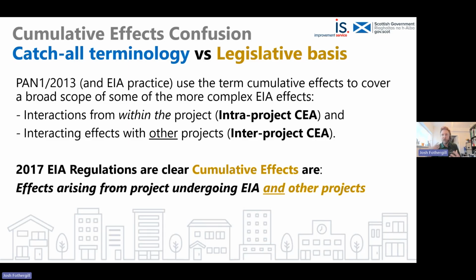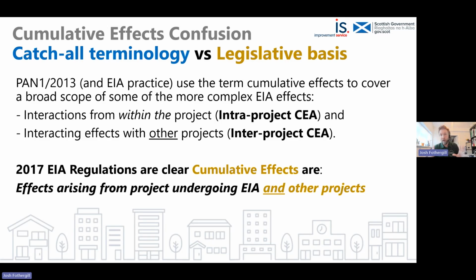So we have some kind of catch-all terminology that has come partly out of academia, partly out of practice, and certainly around the time that PAN 1 2013 was being written, so we're talking 15 years ago, this terminology of having intra-project cumulative effects and inter-project cumulative effects to describe some of this range of complexities of effects.